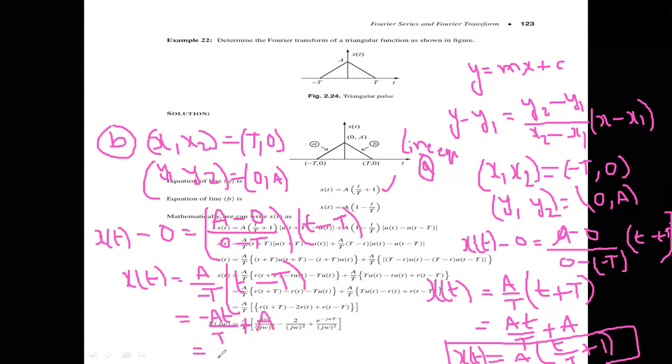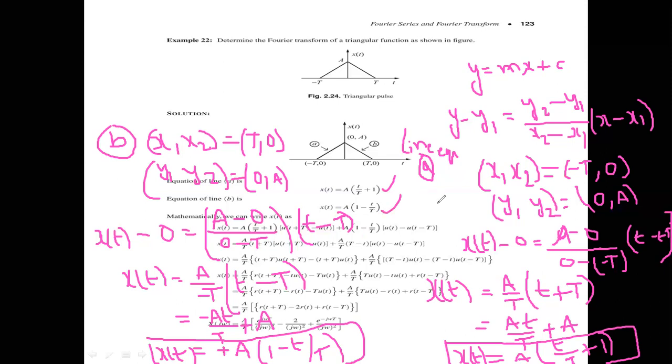Take the common a here, I'm taking the minus a, so a plus a only. 1 minus t by capital T. X of t is equal to, okay, my dear, see here also the same thing, a into 1 minus t by T.